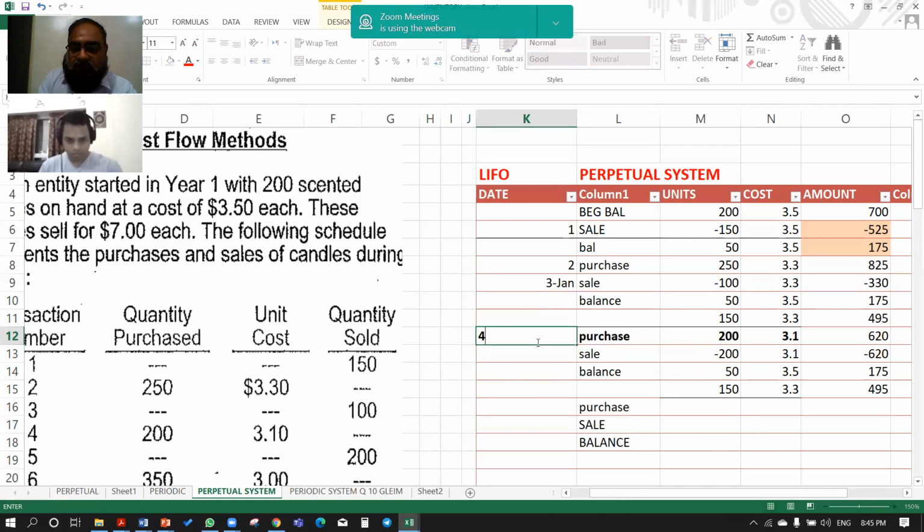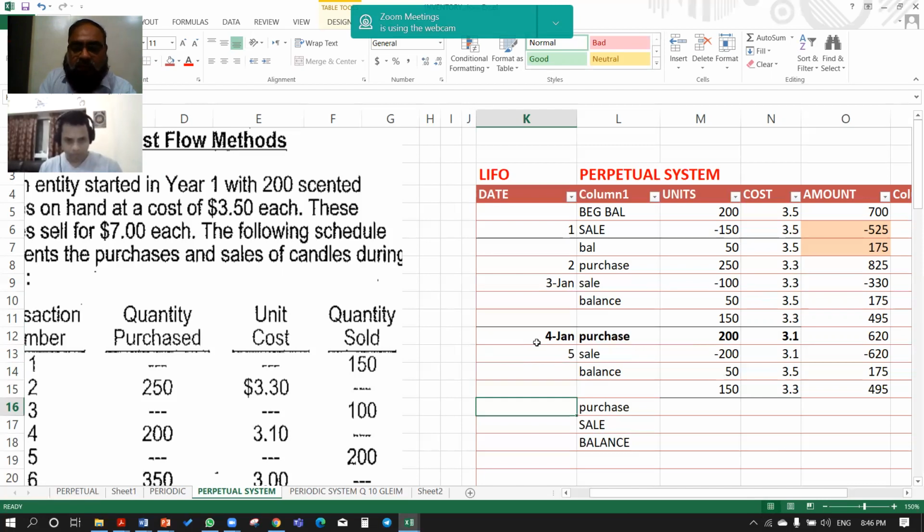Let me write the dates: the third, 100 units sold, then the fourth, 200 purchase, and the fifth, sale of 200. Now we are going to do the sixth one.